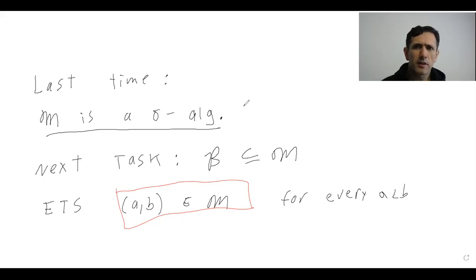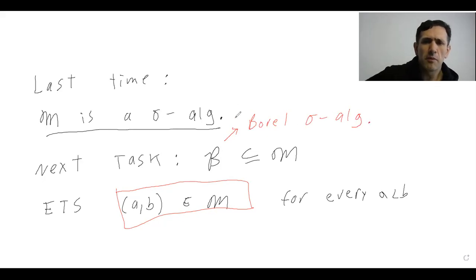Borel. And again, just in case there's any confusion from what the book does, the book defines the Borel sigma algebra as the sigma algebra generated by open sets. I define it as the sigma algebra generated by open finite intervals.